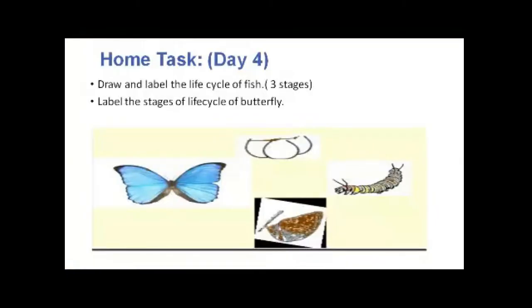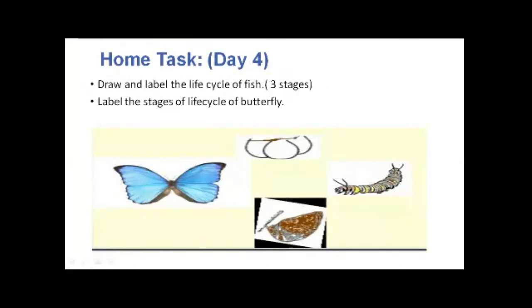Got it? Now the home task. Take a screenshot of this home task. This is for today's lesson. Beta, do this task in your fair copy. Day 4: draw and label the life cycle of a fish, three stages.